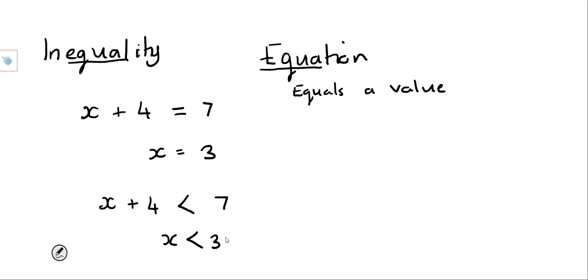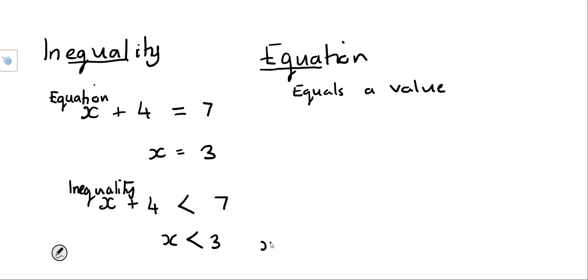So although it looks exactly the same, this is an inequality. Basically what we're saying is that if x plus 4 has to be less than 7, x can be anything less than 3.